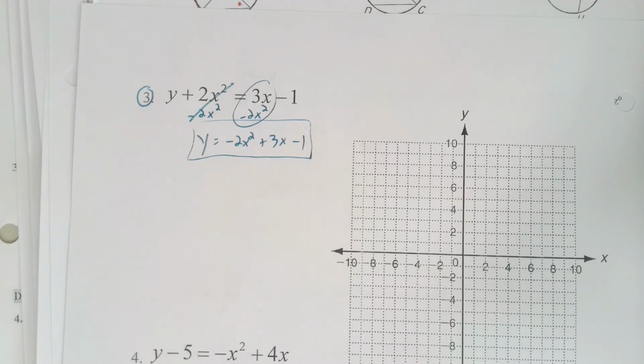Negative b over 2a, you get the exact value. I'm showing you a nice little trick here. You can always get it, and then go back and get those characteristics. If it's hard to tell from the graph, use the formula, negative b over 2a, to get the axis of symmetry.